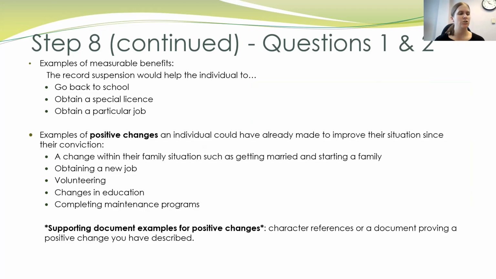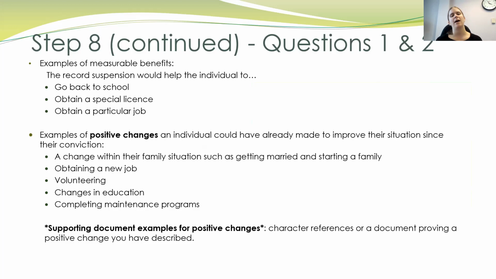Also, question 2 of the form wants to know about the positive changes you've already made in your life to better your situation since your conviction. So this is about the work you've already done. A Parole Board of Canada officer I was corresponding with gave me these examples of positive changes that an individual could have made to improve their situation.